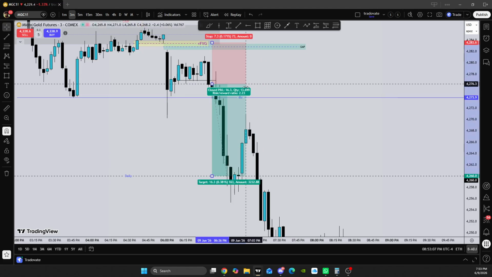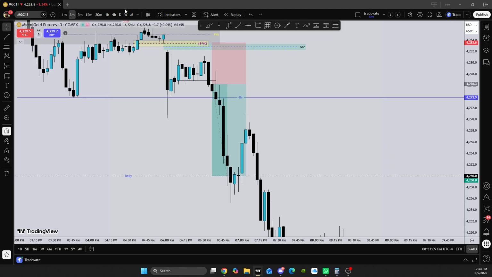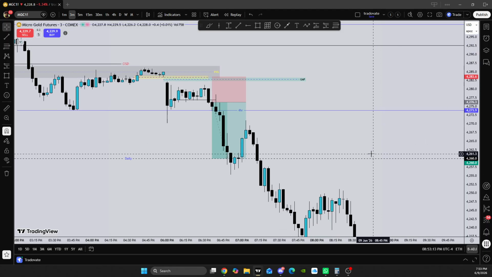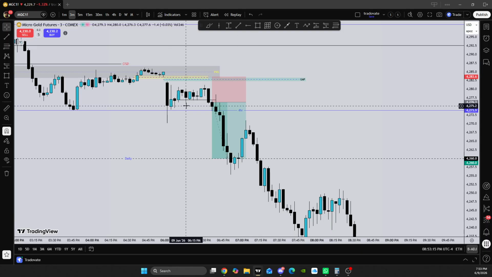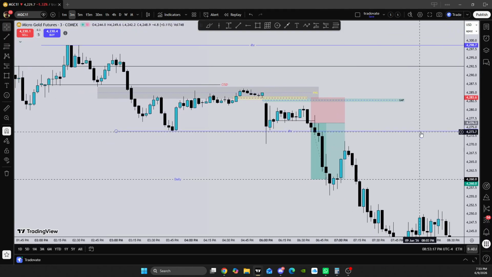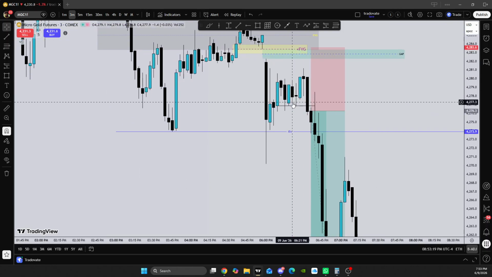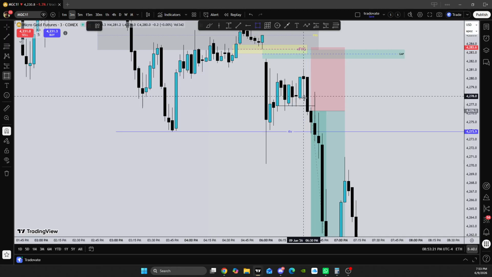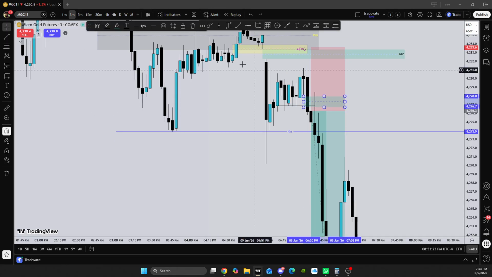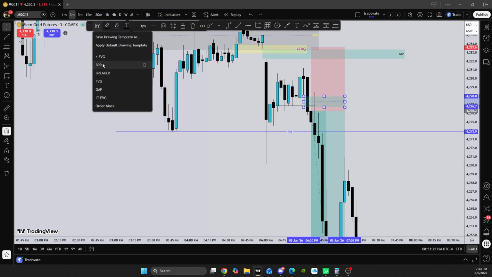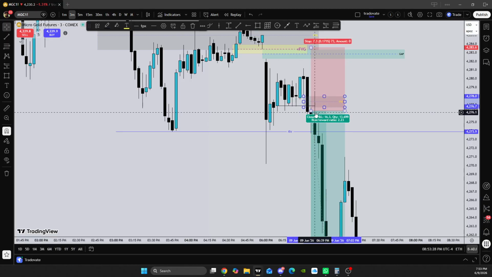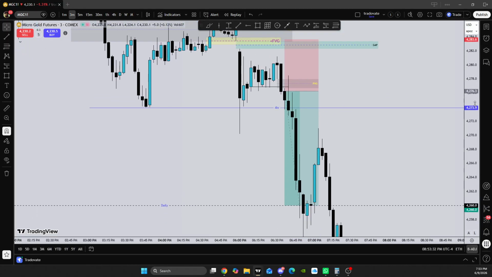And this is one of the most beautiful deliveries we've had in gold in one of the longest times for a session opening midweek. And as you can see, once price broke, it created a fair value gap right here that got retested in the next opening candle, retested, and it came with a distribution.